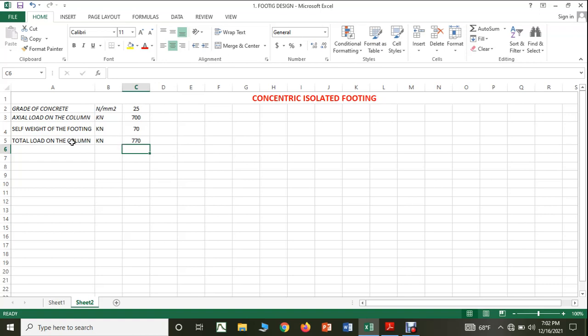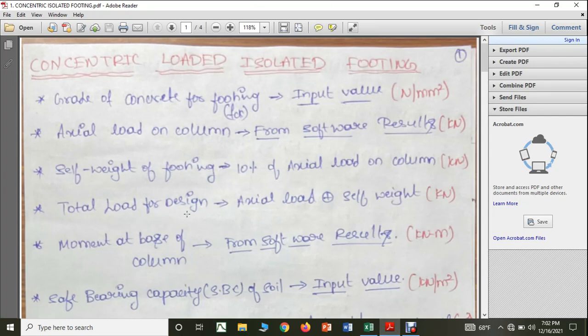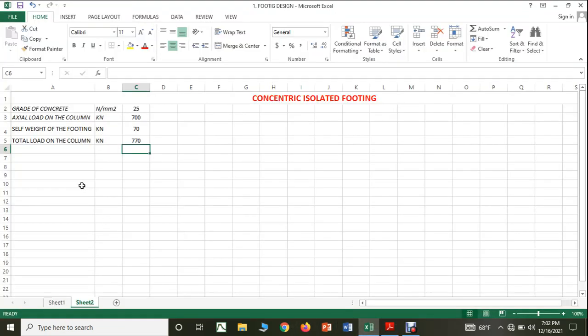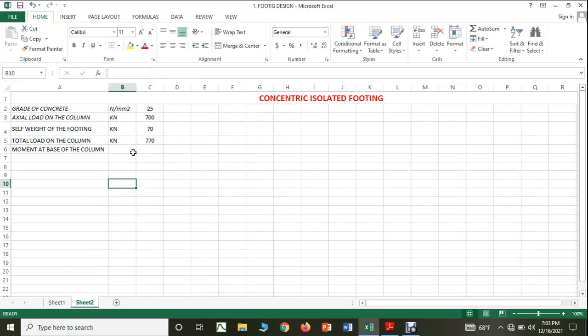Okay, so that is my next step, right? After getting the total load on the column, which is in kilonewton, next is moment at the base of the column. This is again an input value, which will be given in kilonewton meter.